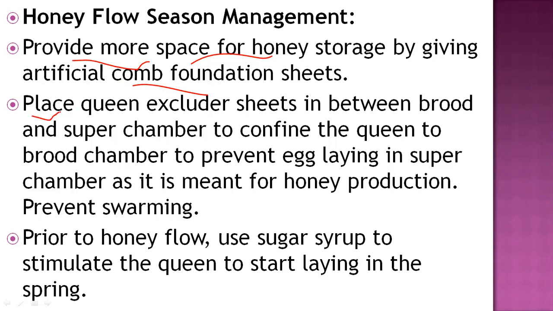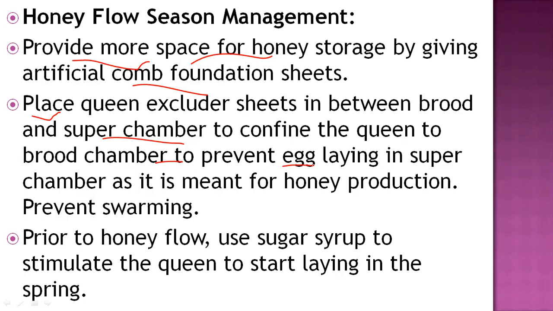Even also, place a queen excluder sheet between the brood and super chambers, to protect the queen. So in these two, we have to put this queen excluder sheet to confine the queen to the brood chamber, so that she does not go anywhere, to protect against swarming or absconding, and to prevent egg laying in the super chamber.